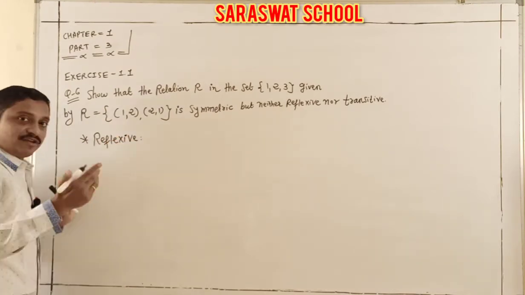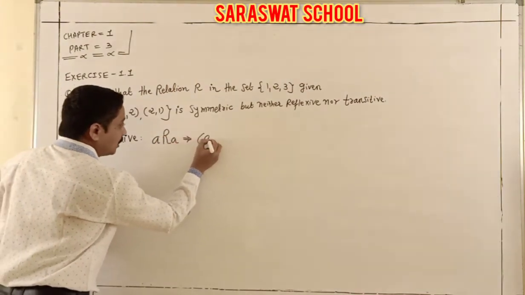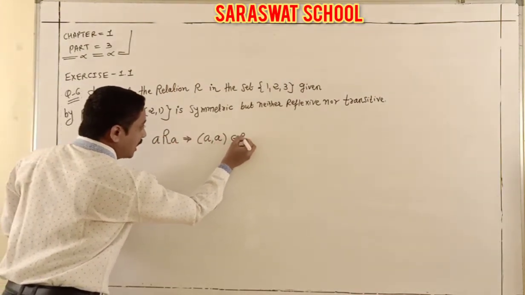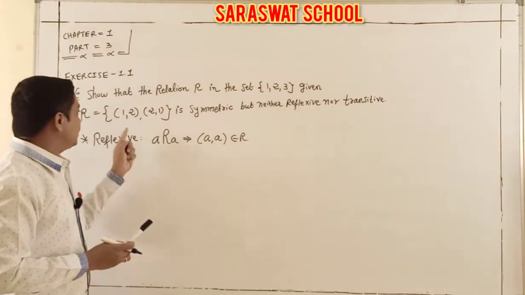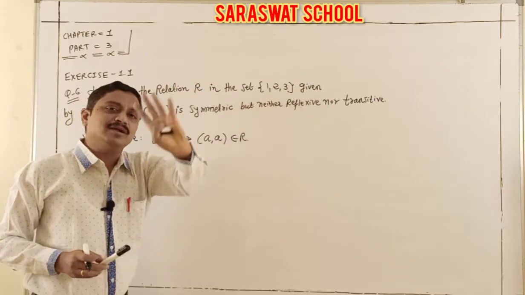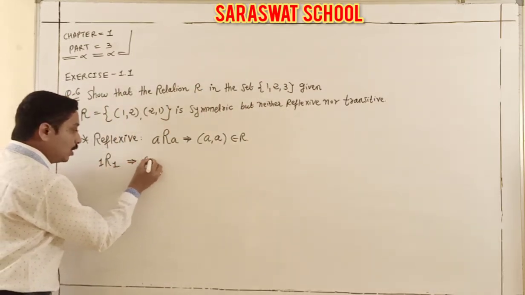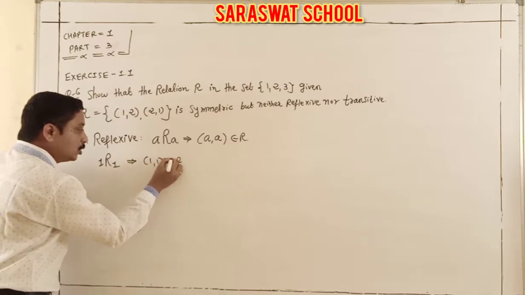You know what the reflexive rule is? For a relation, (a, a) belongs to R. So try the same with the numbers in {1, 2, 3}. Any number you take. I take 1: does (1, 1) belong to R?